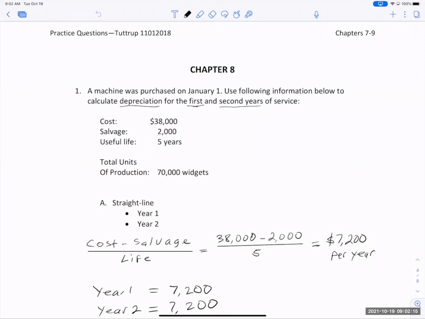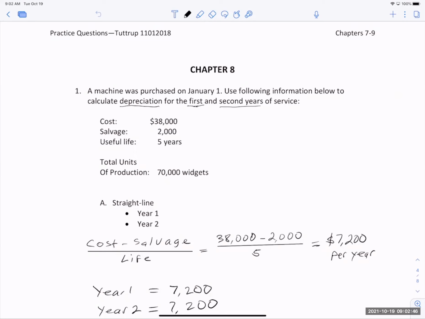In chapter 8, we're talking about fixed assets. Those are assets that you can touch, like equipment and I guess even buildings, right? And perhaps land. Now we don't depreciate land, of course, but we do depreciate other fixed assets such as equipment and buildings.